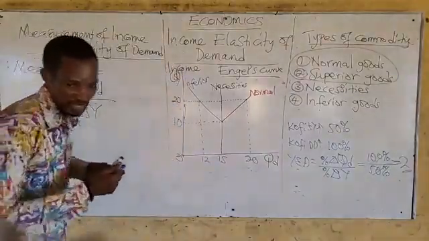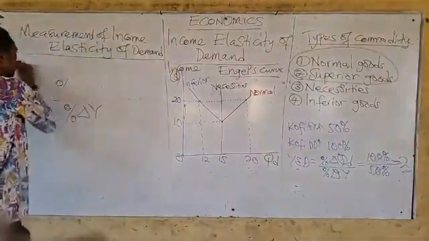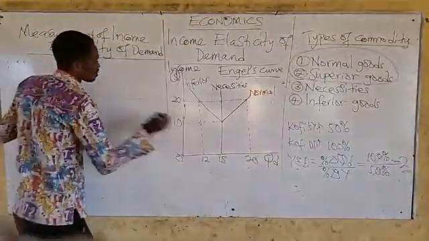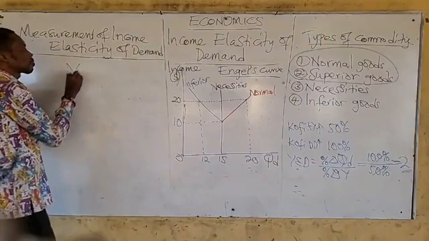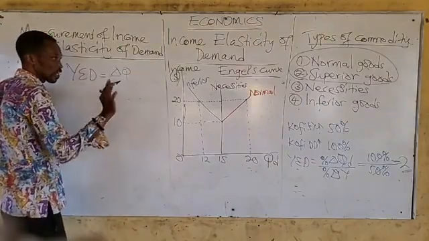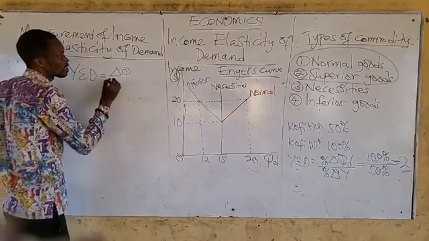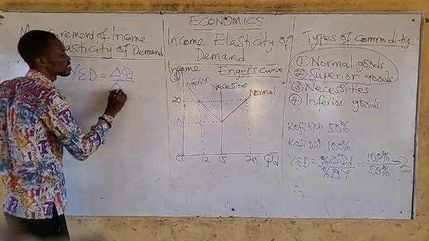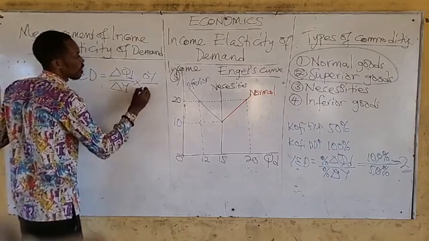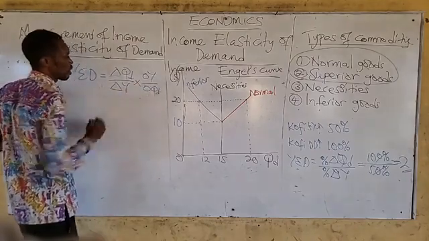So then, that is the last thing, then we close. Okay? So let's look at it. I said that income elasticity of demand is equal to change in quantity demanded divided by change in income, times original income over original quantity.